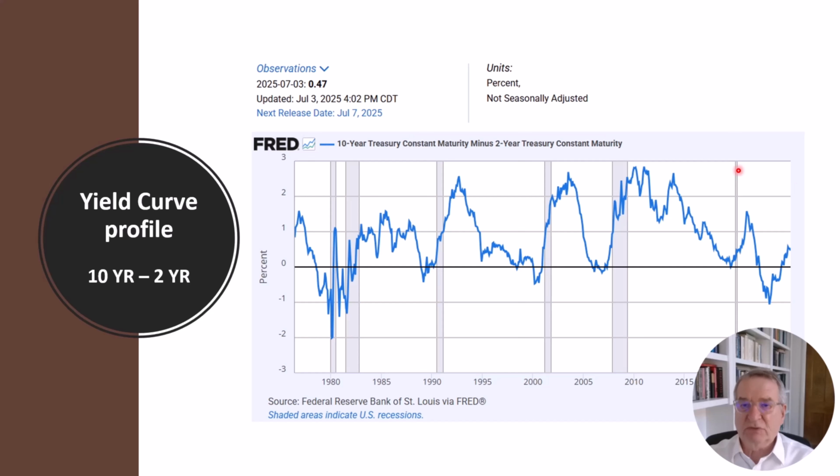And studies done by, for example, the Federal Reserve branch in New York have actually tracked this idea of what is known as inversion of the yield curve. The inversion occurs when the yield on a 2-year note exceeds that of the 10-year note. So in other words, the spread at that point becomes negative.